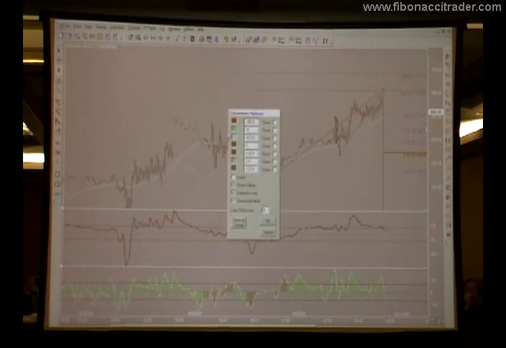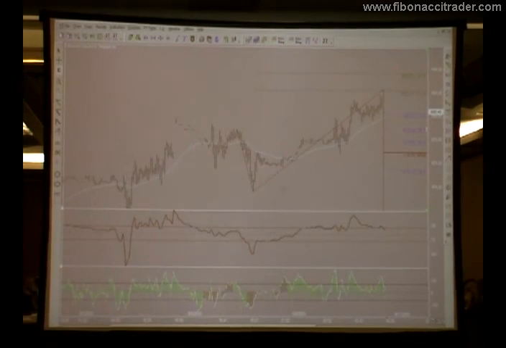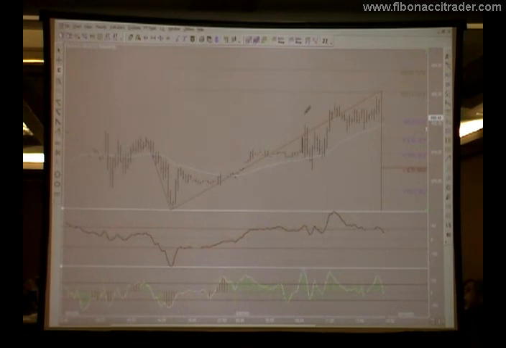Let's see. Yeah, those baselines confuse me a little bit sometimes. No, it's not showing up. Okay.